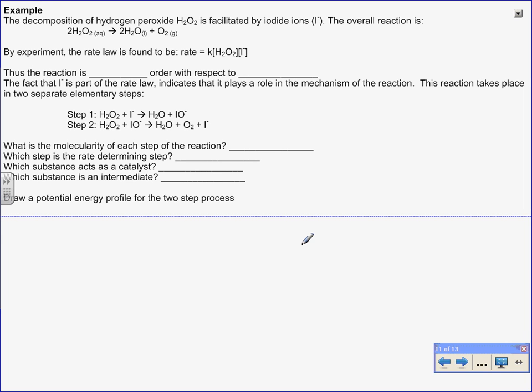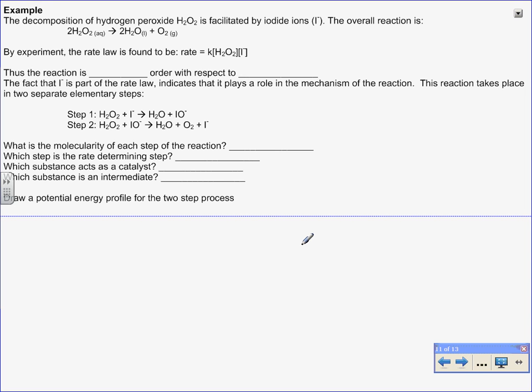So let's look at another example here. We've got a decomposition of hydrogen peroxide. It is facilitated by iodide ions. It gives us the overall reaction. The little phrase there, facilitated by iodide ions, is giving us an indication that there's a catalyst in this reaction, which we'll see and investigate in the mechanism.